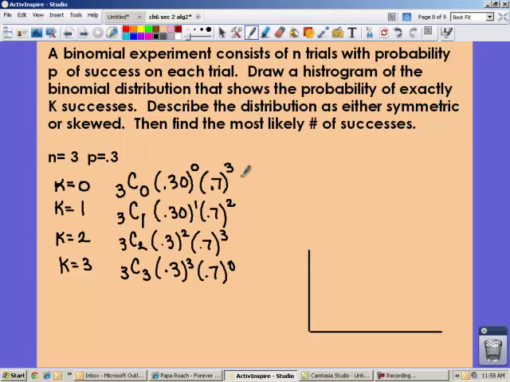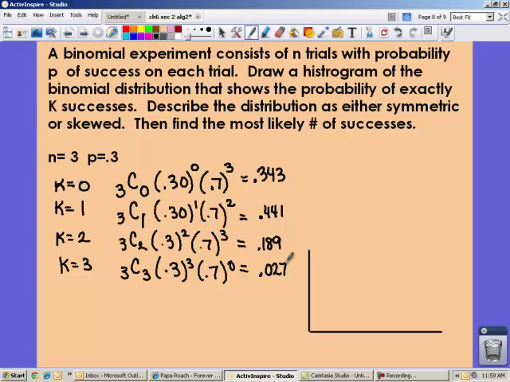And you want to calculate all these out into your calculator. And so you're going to get 0.343 for the first one, 0.441, 0.189, and 0.027.